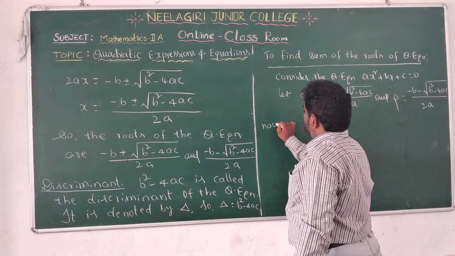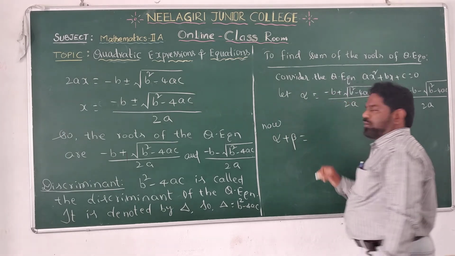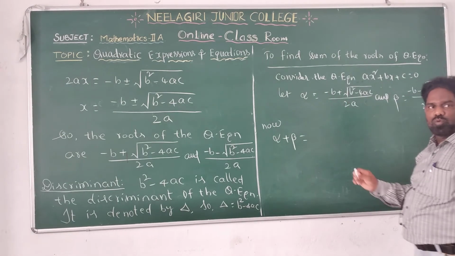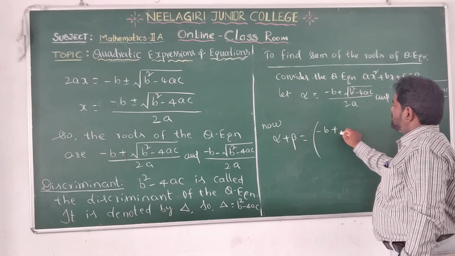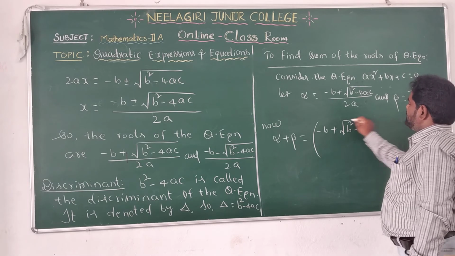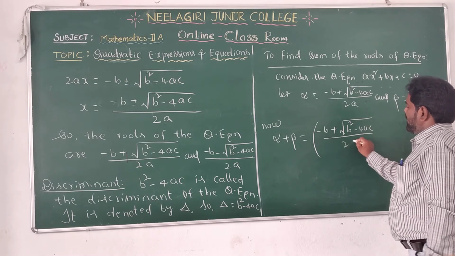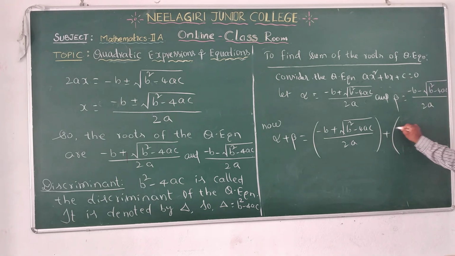Let us see how to find the sum. The sum of the roots is alpha plus beta, equal to minus b plus root b square minus 4ac by 2a, plus minus b minus root b square minus 4ac by 2a.